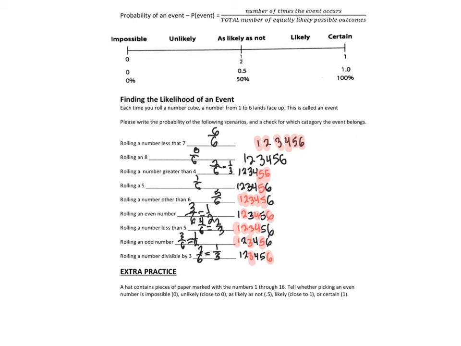So now let's go back and put them back into categories. So let's start this first one up here. 6 out of 6, which equals the 100%. So that would be certain. Next one, 0 out of 6 is impossible if we look at our number line.